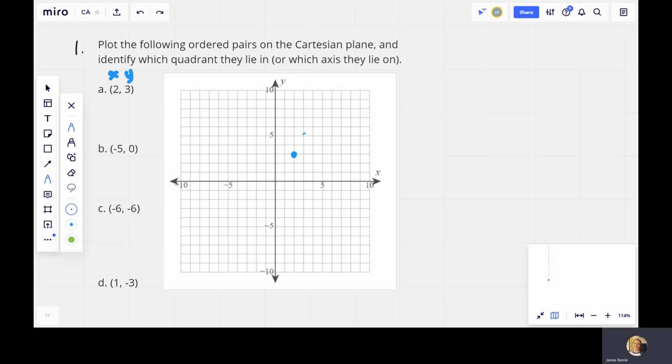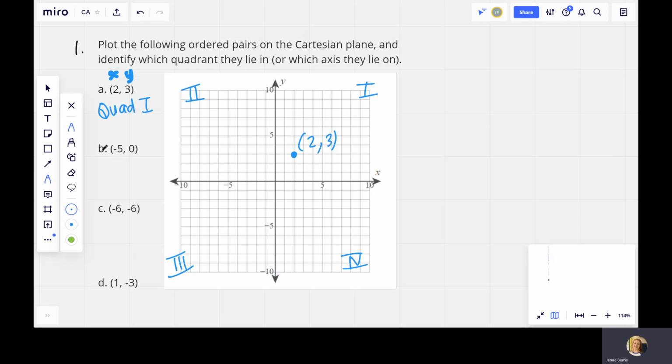You can label these 2, 3. And remember how I designated the quadrants earlier? This was quadrant 1, this is quadrant 2, quadrant 3, and then quadrant 4. Again, that's IV, the Roman numeral. IV represents the number 4. All right, so this point would be in quadrant 1.